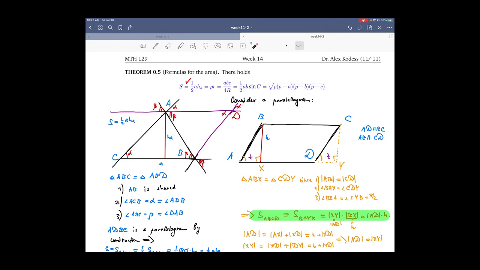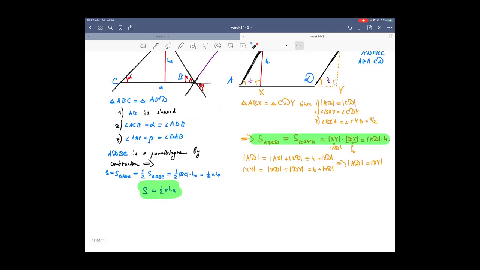The next formula. The area of a triangle equals half the perimeter times the radius of the incircle. How does that follow?